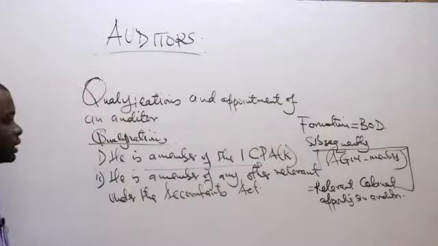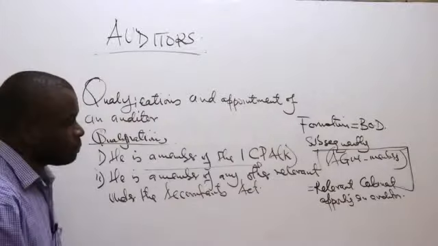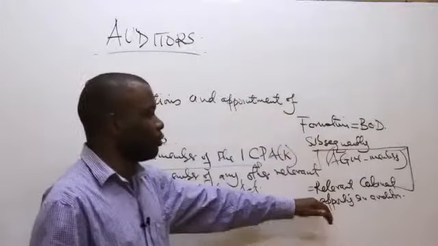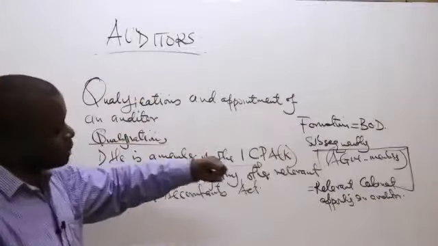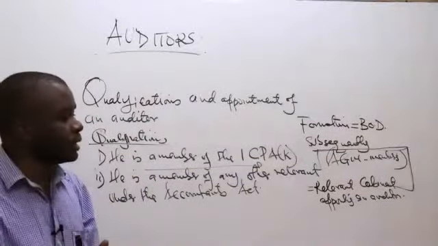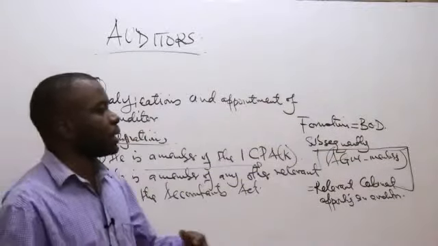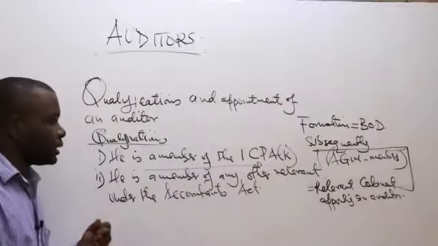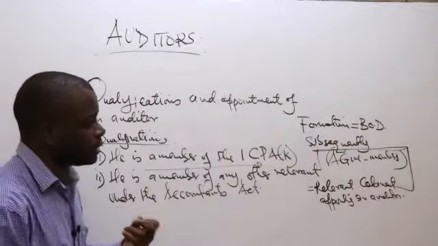So when you talk about remuneration, the remuneration of the auditor will be set by these particular parties appointing him as the auditor of the company. If it is the members appointing him, then of course they're the ones who set his remuneration. If it is the board of directors appointing him, then of course they'll set his remuneration.